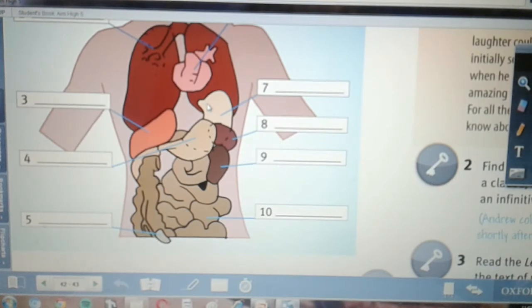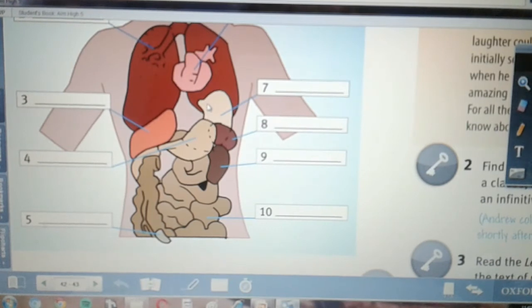Well, not too small, but small. It's a small organ that is placed near your stomach, and then it controls the quality of your blood. It is called? It's spleen. Okay, moving on to number 8.